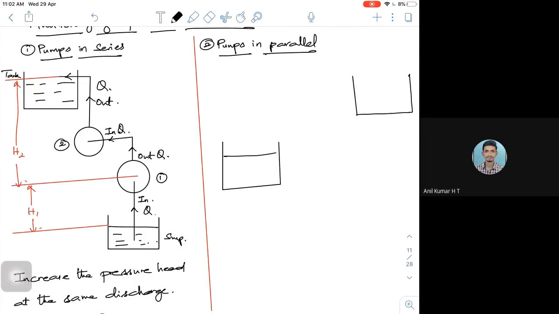This is your sump, and this may be your tank. What I want is to fill this tank at a faster rate. If I use one pump, it may take 5 minutes. So if I connect two pumps in parallel, I want it to be filled in 2 minutes.